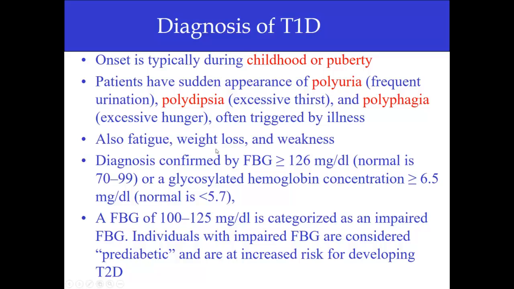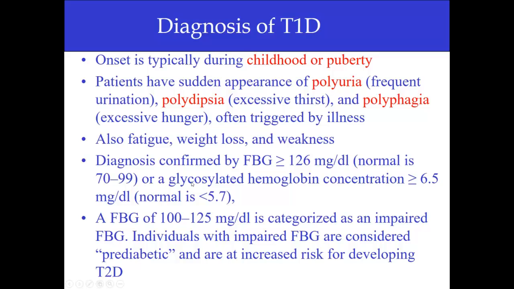How do we diagnose it? We do a fasting blood glucose. If it is above or equal to 126 milligrams per deciliter, it means that the patient has diabetes, because the normal fasting blood glucose should be between 70 and 99. And by fasting, I mean when you take the blood sample after 8 hours of fast.